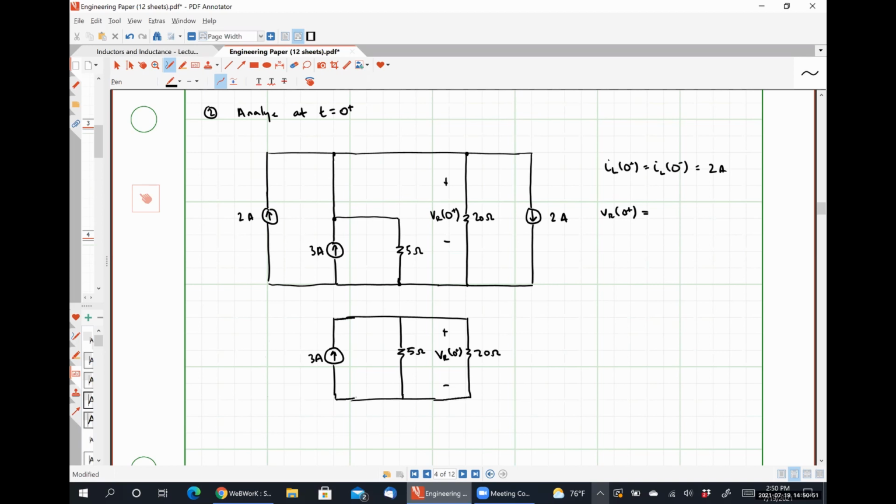The suggestion here was to do current division, find out how much current is flowing through the 20 ohm resistor, and then use that value. There is nothing wrong with that, but it's a little easier to just multiply 3 amps times the equivalent resistance, 5 in parallel with 20, because everything is in parallel and all have the same voltage. So why take 2 steps when we can do it in 1?